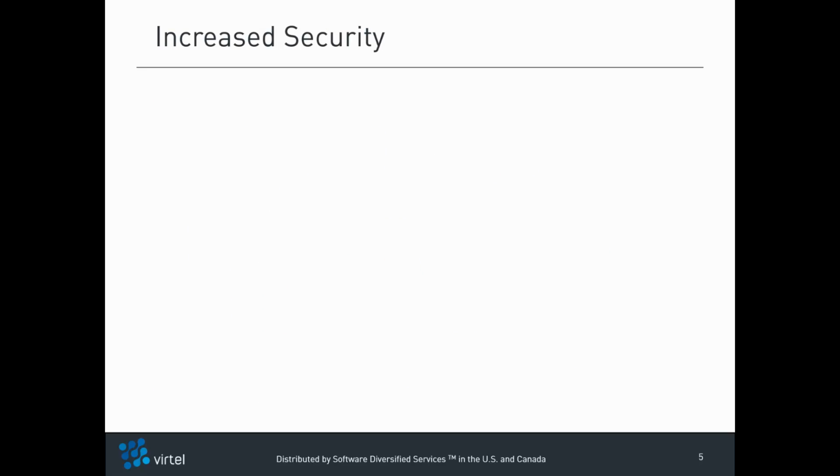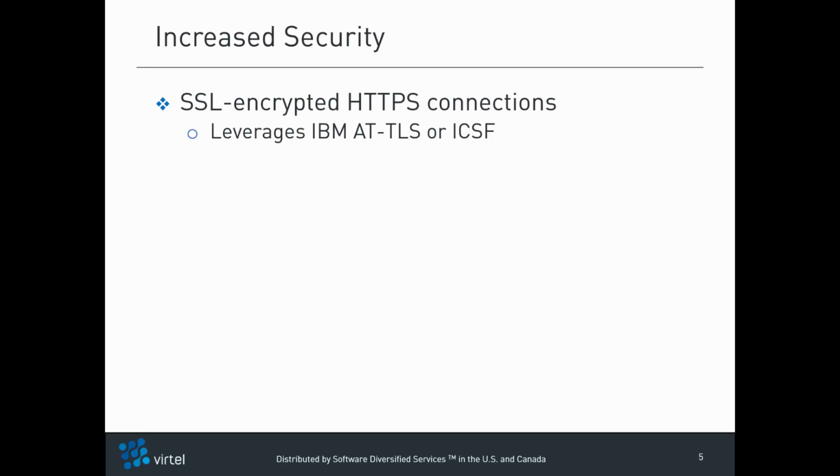Another key benefit of Virtel's thin client browser-based architecture is its increased security compared to client-based solutions. Client devices connect to Virtel through end-to-end SSL encrypted HTTPS connections. The SSL encryption service is provided by IBM's ATTLS or ICSF.